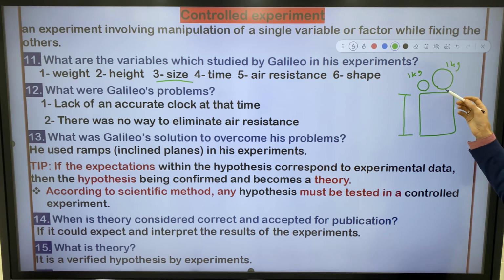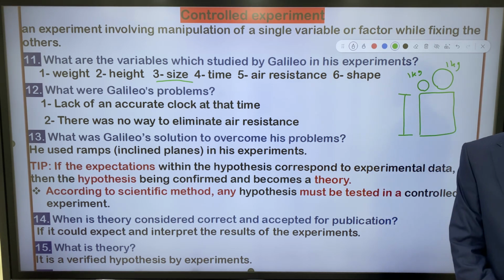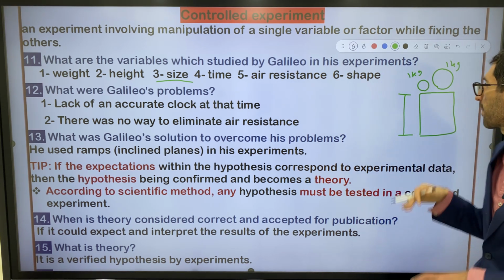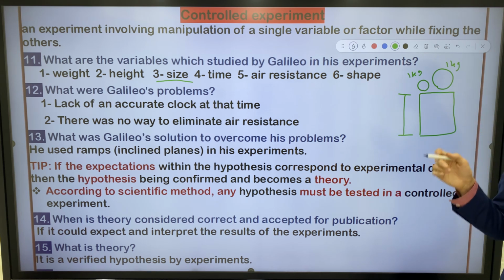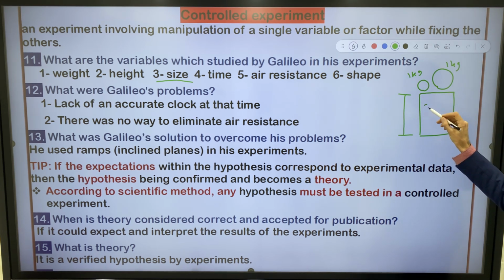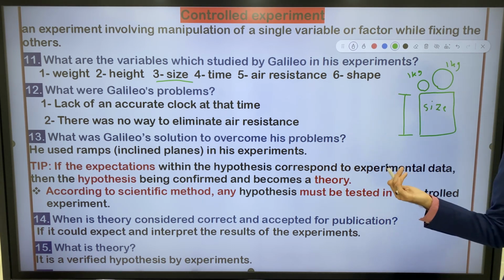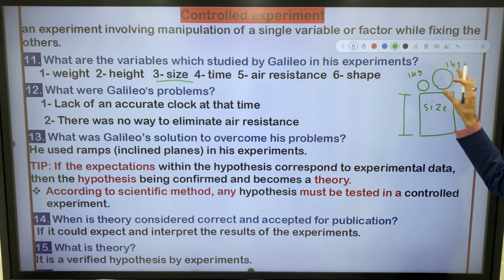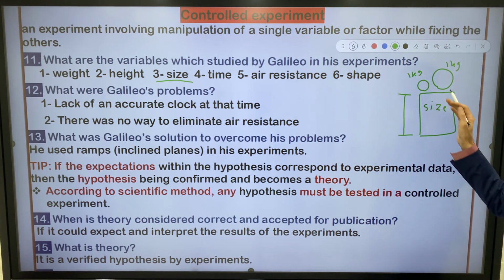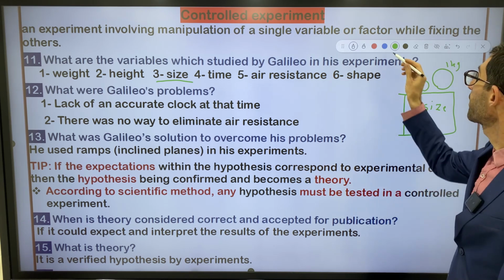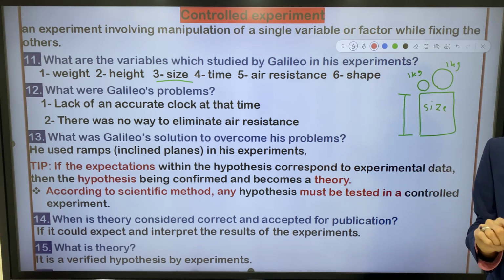And the time of falling is the same. So all of the factors are fixed except for one, except for size. So this experiment focuses on size. That's why the person examines only size, right?